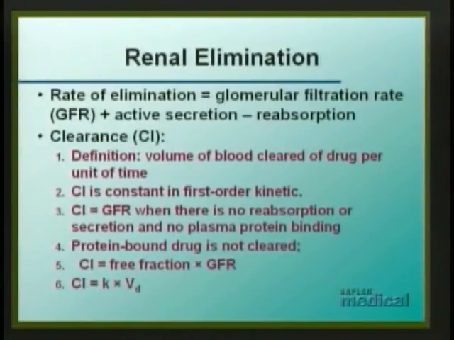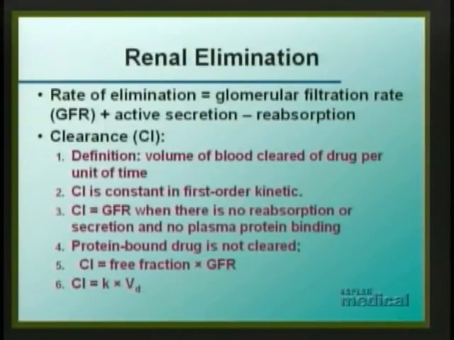Those processes refer to the drug molecule having been filtered in the renal tubule and either going back into the bloodstream, that's called reabsorption, or as you know, secretion would be other molecules bypassing glomerular filtration but reaching the kidney tubule through secretion directly from the blood vessels, such as the vasa recta, into the renal tubule. When we look at the rate of elimination of a drug, we could understand that all three parameters, GFR, secretion, and reabsorption, play a role down the road on how much of a drug will be eliminated from the body.